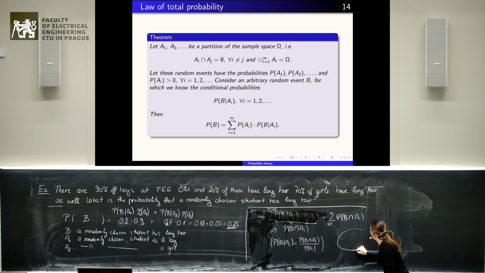But again, when I draw the picture as before, it means that we have some event A1, an event A2, another event A3, another event A4, and so on.